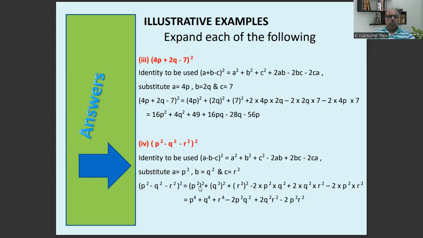So this is p⁴, q⁴, r⁴, minus 2p²q², plus 2q²r², minus 2p²r². Okay, this is the expansion of this.